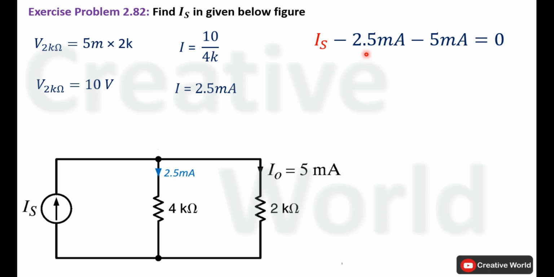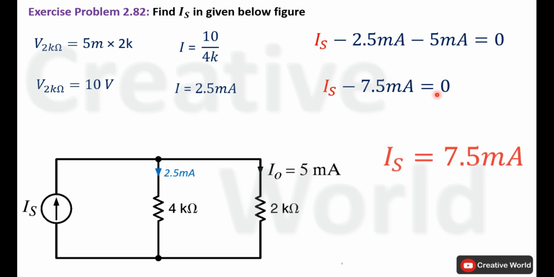First current is 2.5 milliampere and the other current is 5 milliampere. Add these constants together. Minus 2.5 milliampere and 5 milliampere will result in minus 7.5 milliampere. And place this minus 7.5 milliampere on the other hand side of equal to calculate the value of IS, that will be 7.5 milliampere.